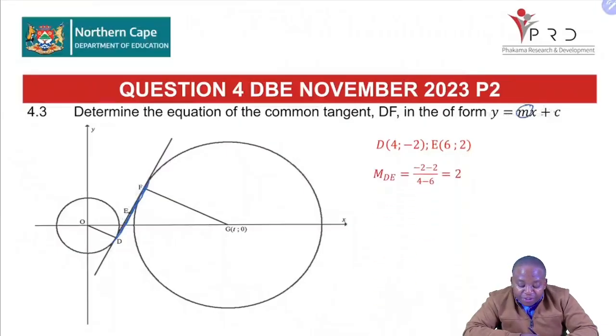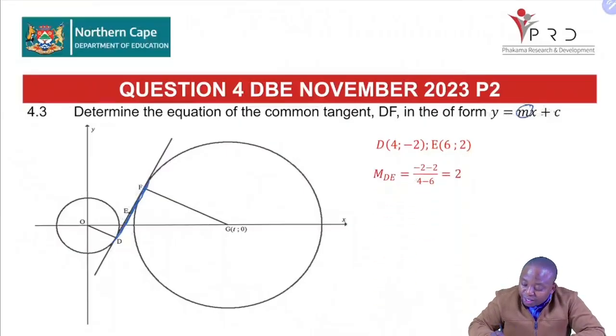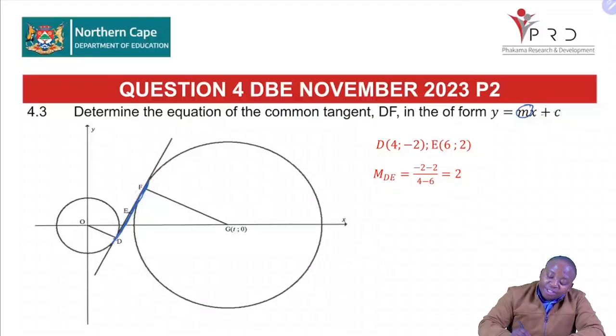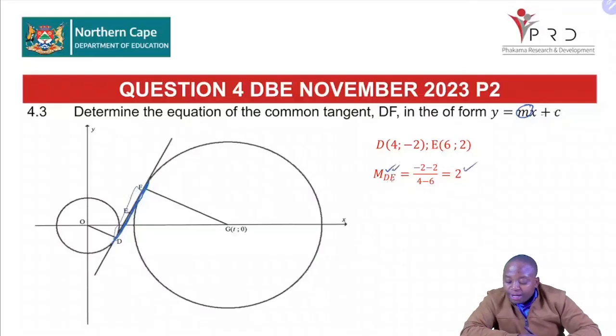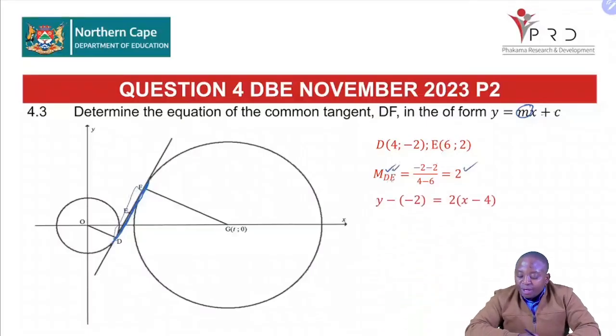Then for the gradient of DF, we can use DE. Remember, mDE and mDF are the same because D, E and F are collinear points. Because they're collinear points, the gradient is the same. Thereafter, I find mDE, substituting the coordinates of D and E. Then I get my mDE is equal to 2 in this case.